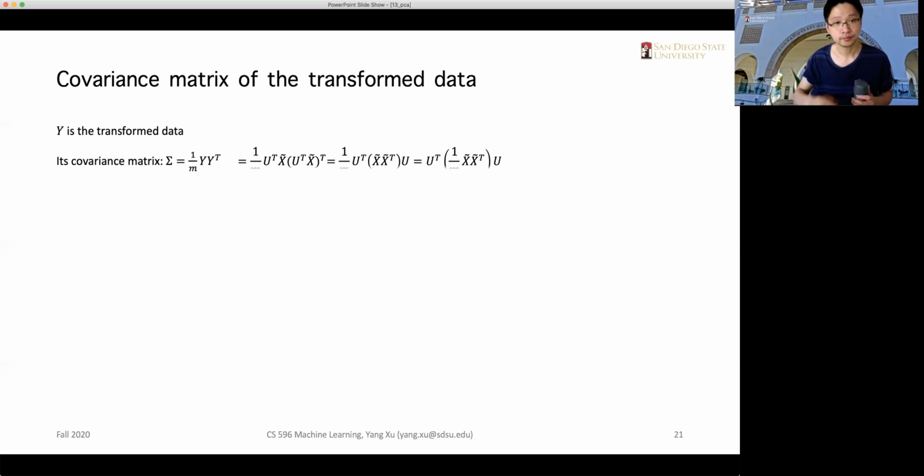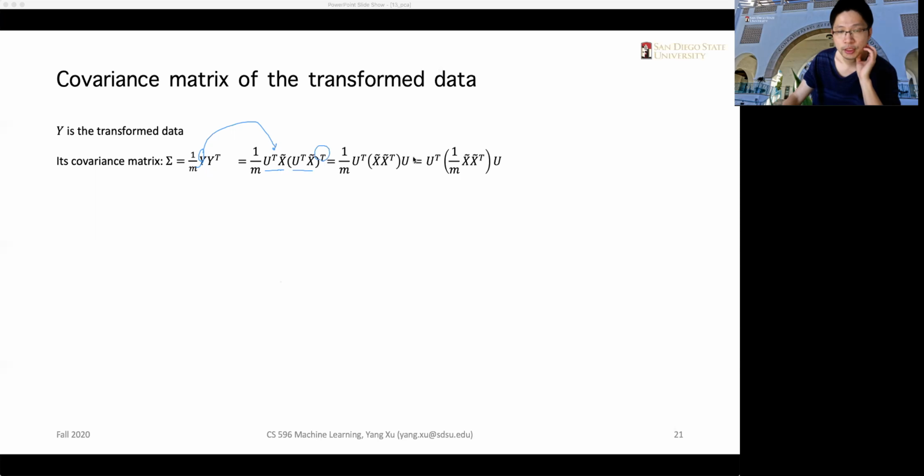By the definition of the covariance matrix, it is y times y transpose. And we substitute y with u transpose times x tilde, right? And this is also u transpose times x tilde. And again, apply one more transpose here.